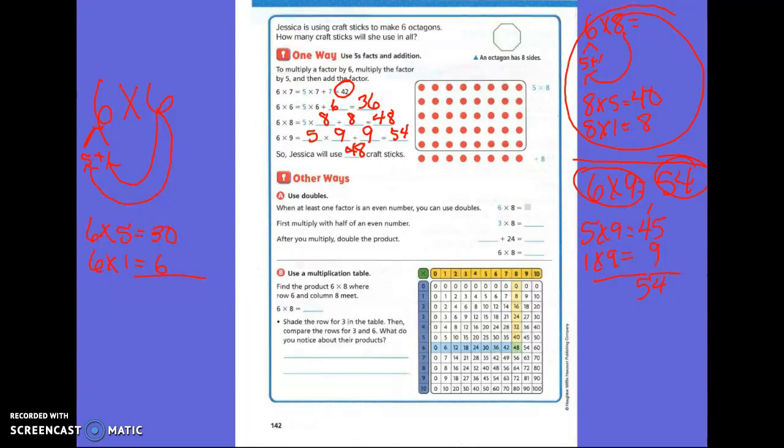Now, another way to do this is by using doubles. When at least one factor is an even number, you can use doubles. So first multiply with half of an even number. So instead of doing 6 times 8 with 5 and 1, you could split apart the 6 and do 3 plus 3.